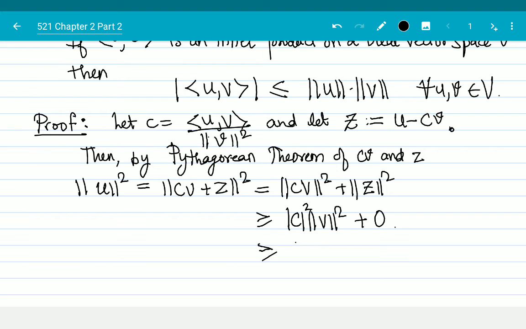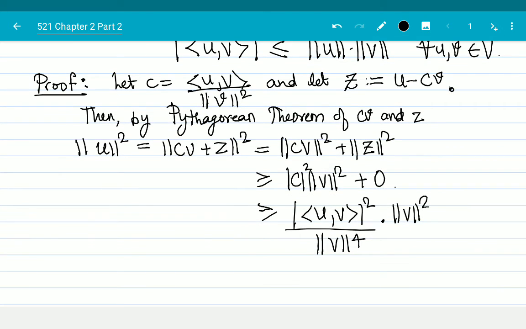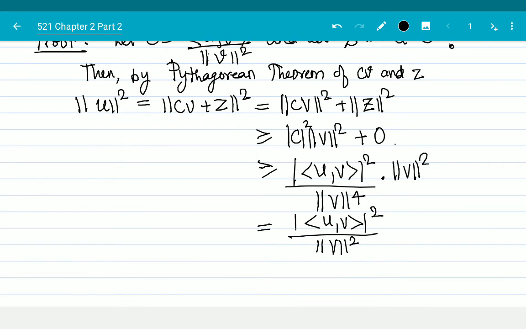So this becomes ⟨U, V⟩ squared over norm of V to the fourth, times norm of V squared, which is equal to inner product of ⟨U, V⟩ squared over norm of V squared, right?